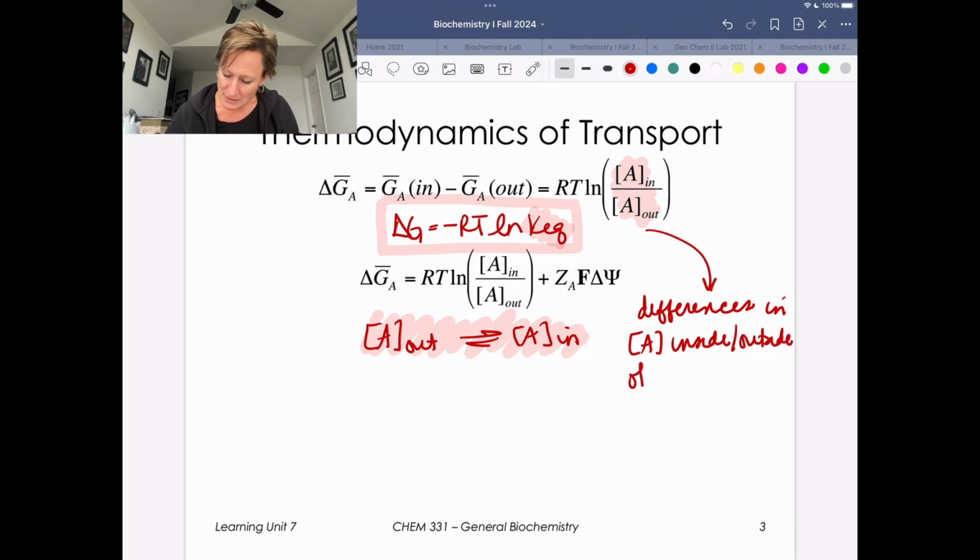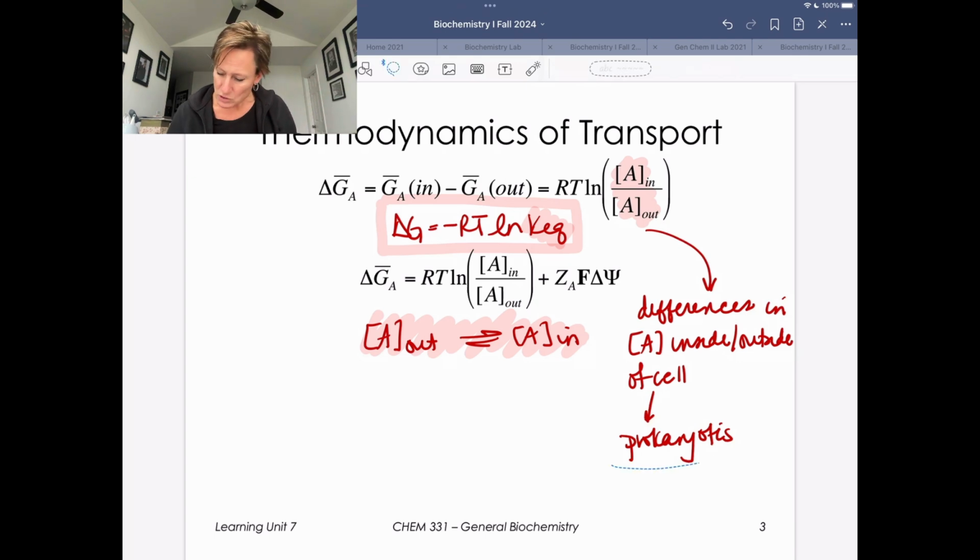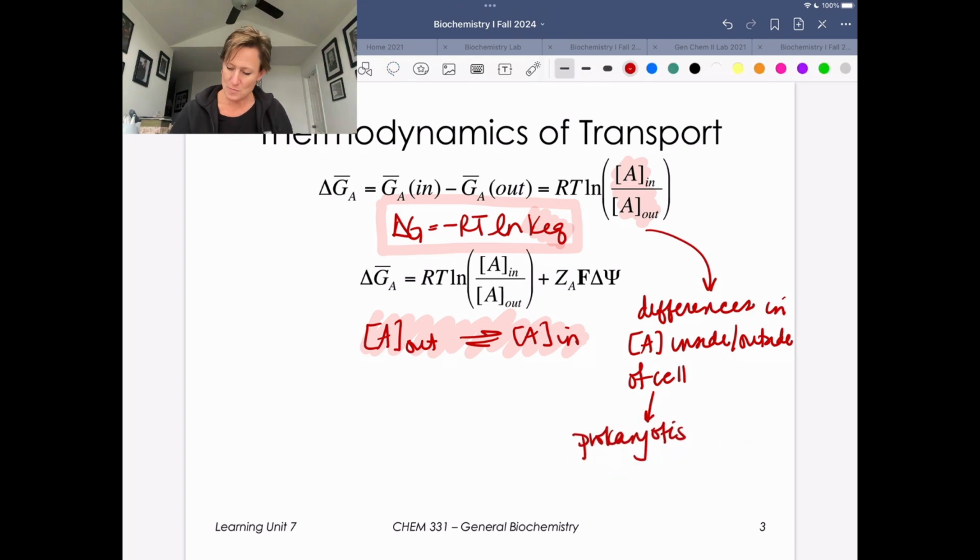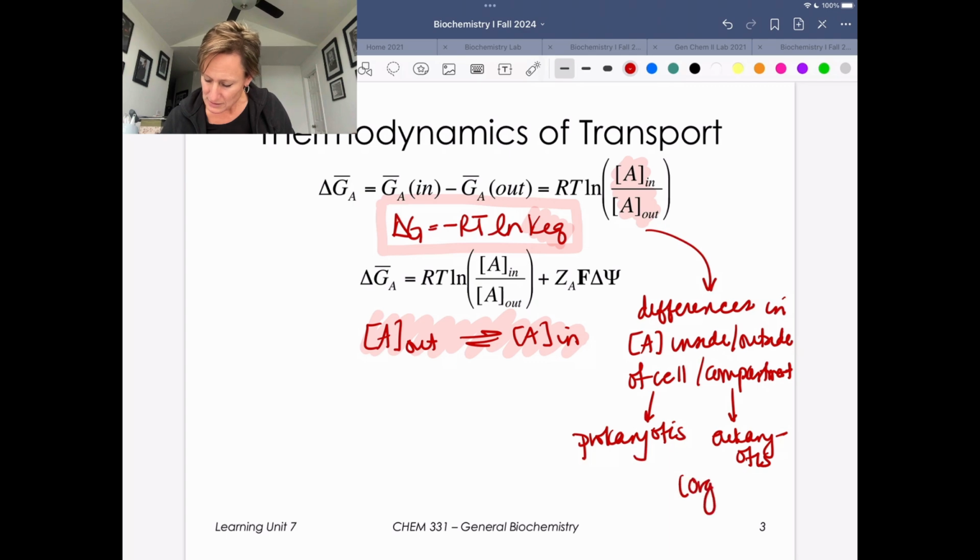We'll be talking about the inside and outside of a cell when we're talking about prokaryotes. And when we're talking about the inside and outside of a compartment, that is going to be referring to eukaryotes, and specifically the organelles that we have within those eukaryotes.